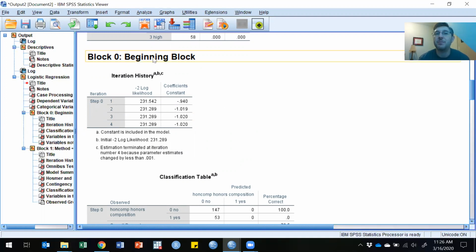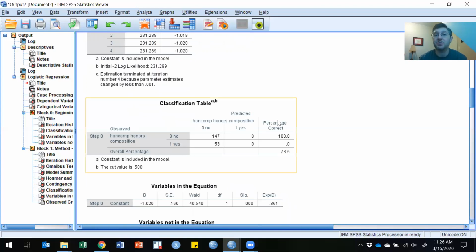Basically what to know about block 0 is this is your null model. This is the logistic regression model that doesn't include any of your predictor variables. Basically, we're saying let's just assume that everybody's not in honors composition. How well do we do at classifying folks?